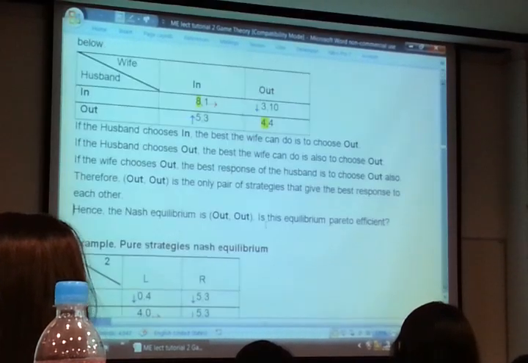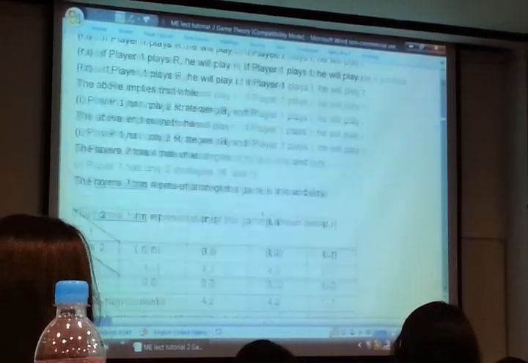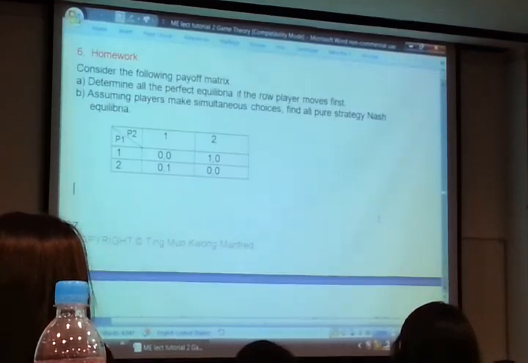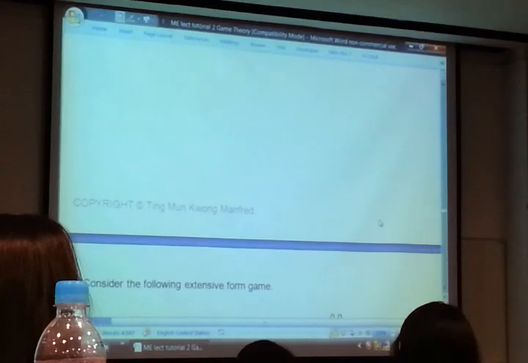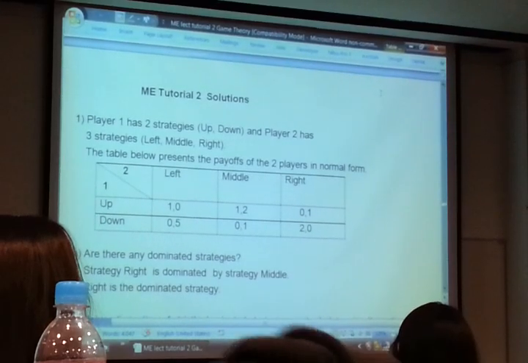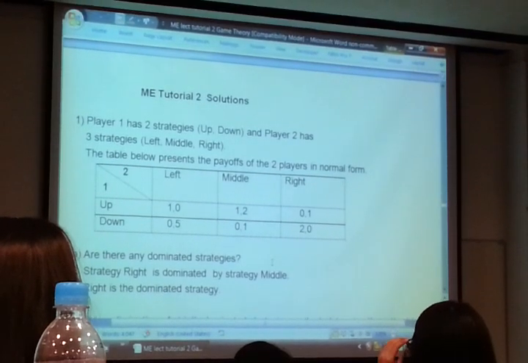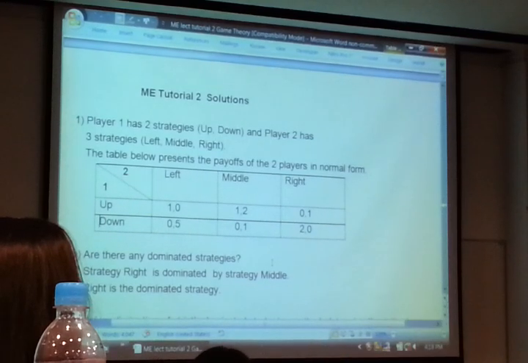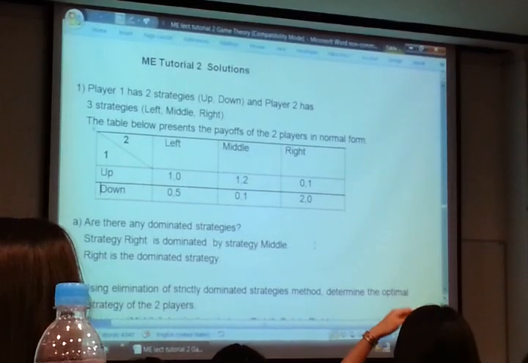Find for me the mixed strategy Nash equilibrium.